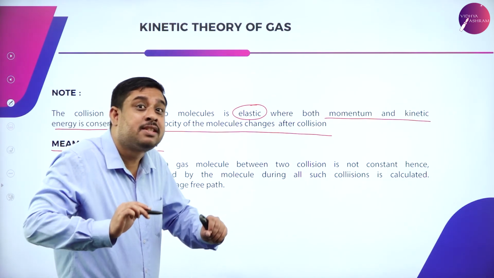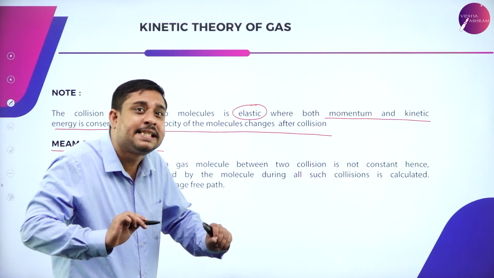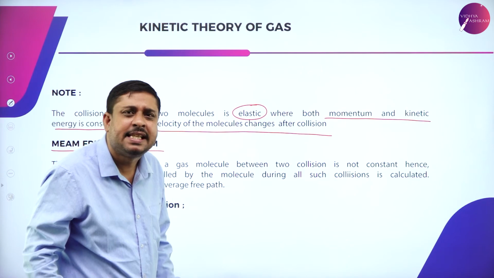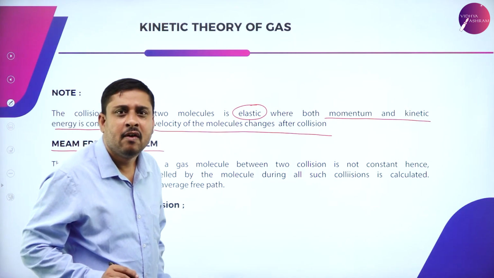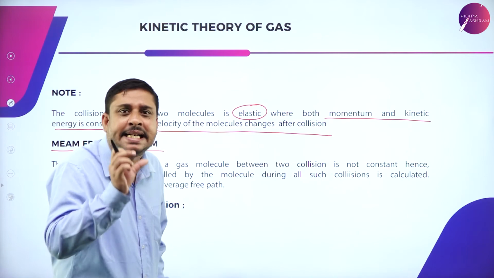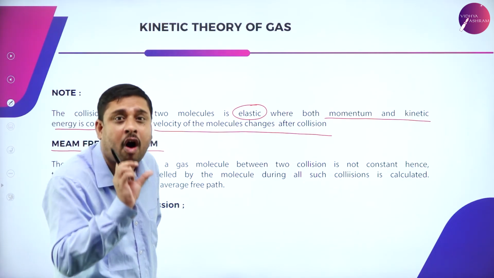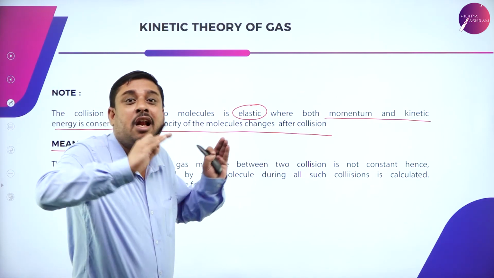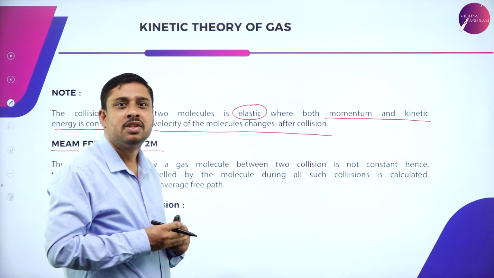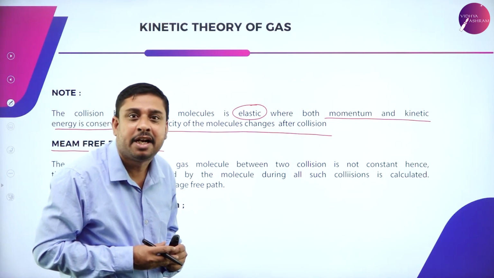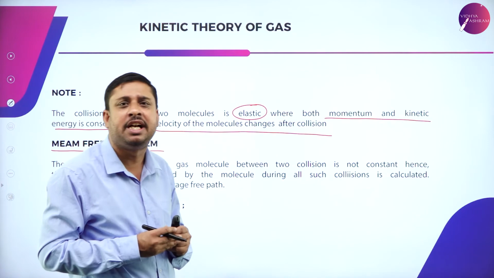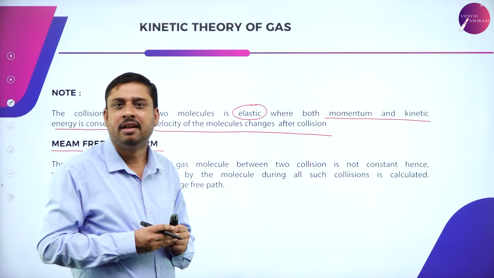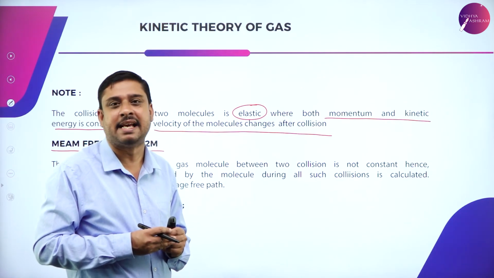I cannot say that in every single collision it travels the same distance. During the first collision, the distance traveled may be small. During the last collision, it might have traveled a longer distance. So I cannot conclude that during every collision the distance traveled is constant. Then how do I calculate that distance?